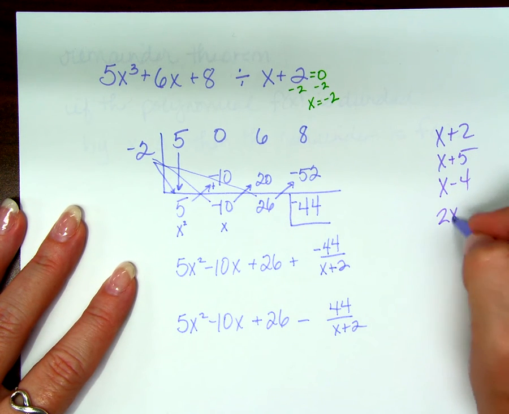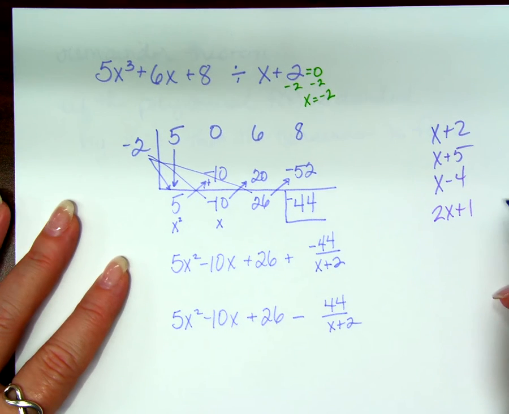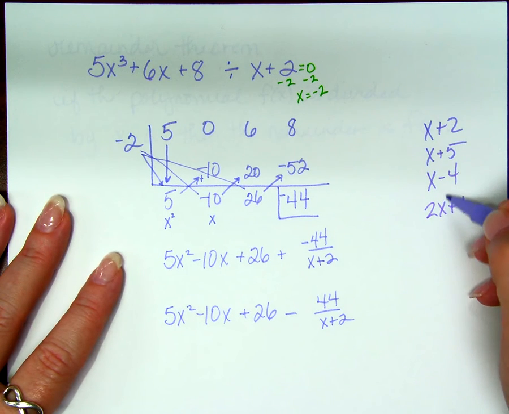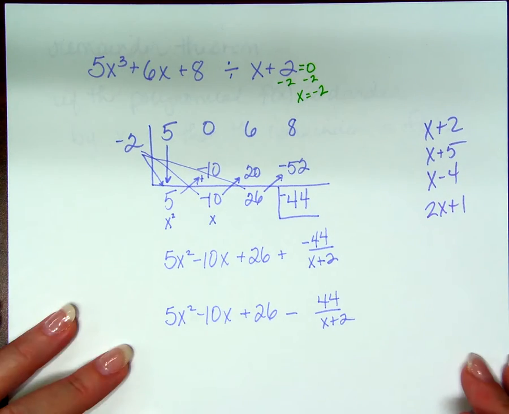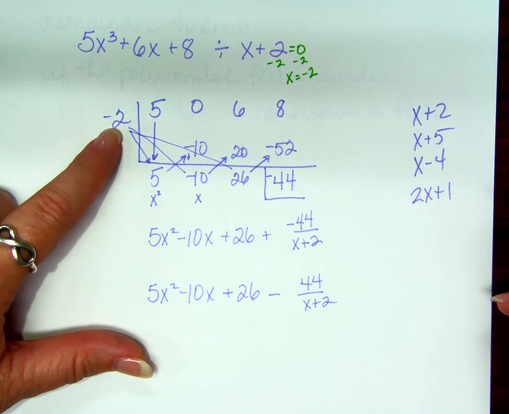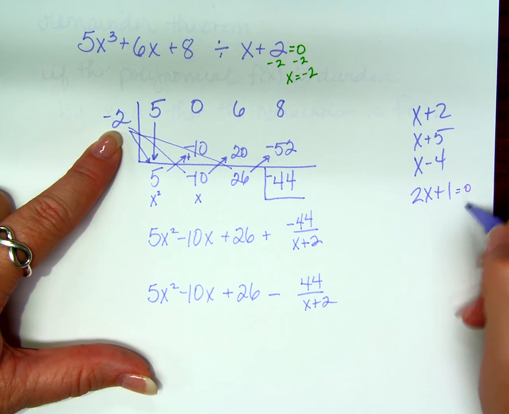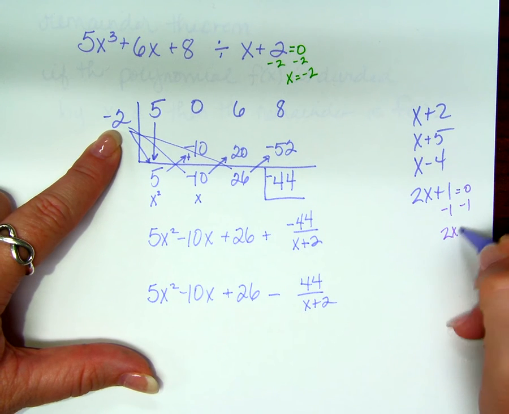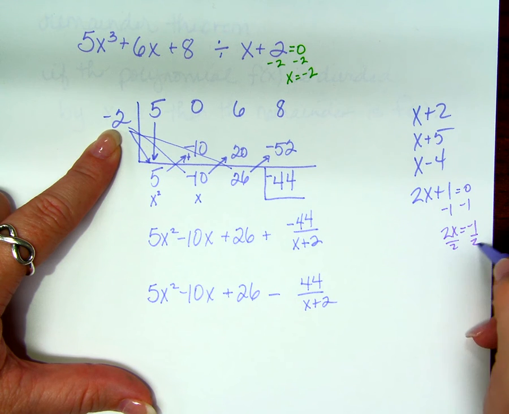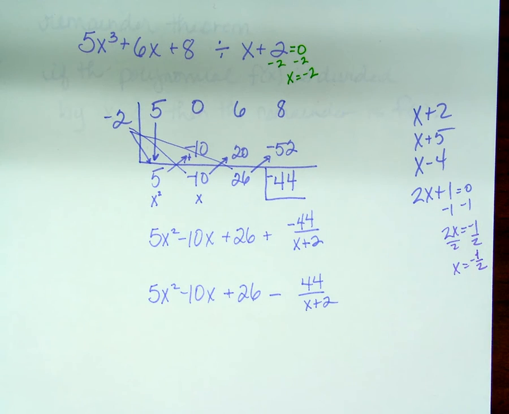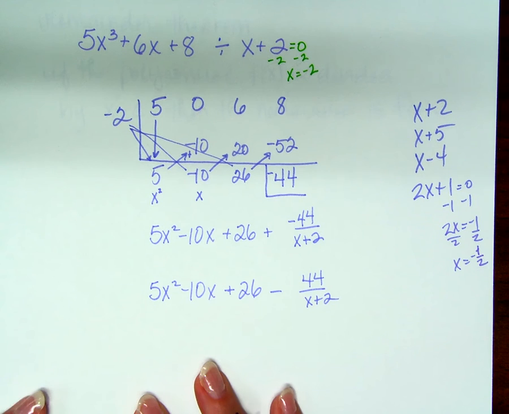Could I do 2x plus 1? Yes, because my highest exponent is a 1, and that's okay. Now, in order to put the number out here in front, I'd have to solve this one for x, and I'd end up getting a fraction, but it's still possible. Does that make sense? Okay.